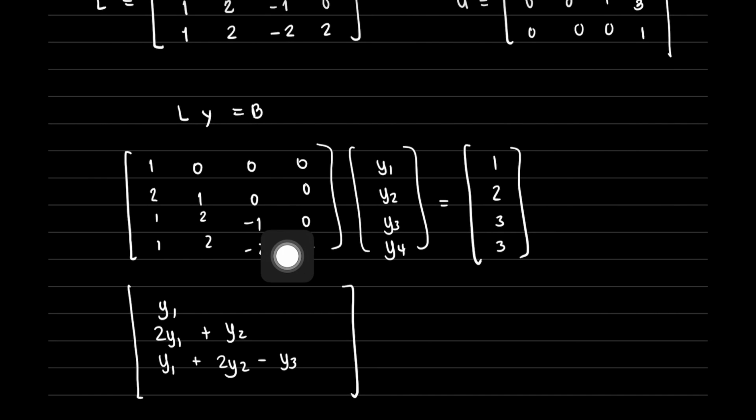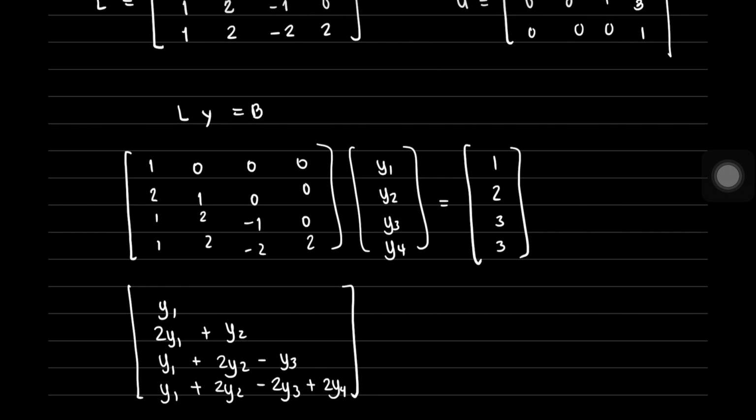And this row, the sum of the products of this row and this column, we have y1 plus 2y2 minus 2y3 plus 2y4. And this is now equal to 1, 2, 3, 3.